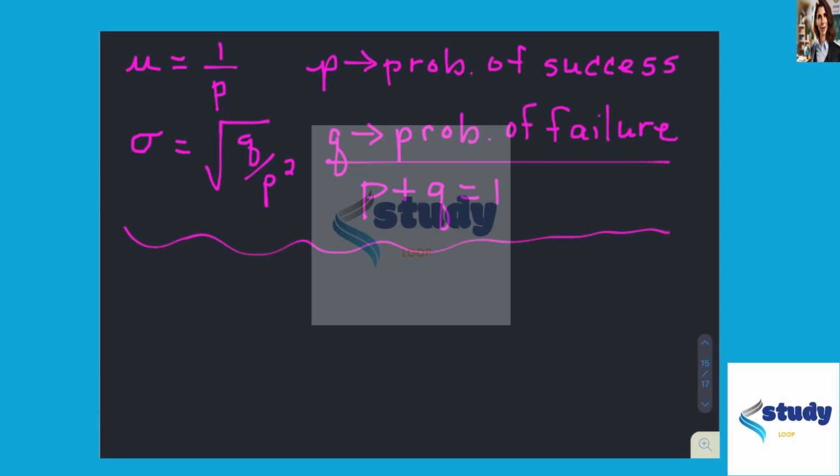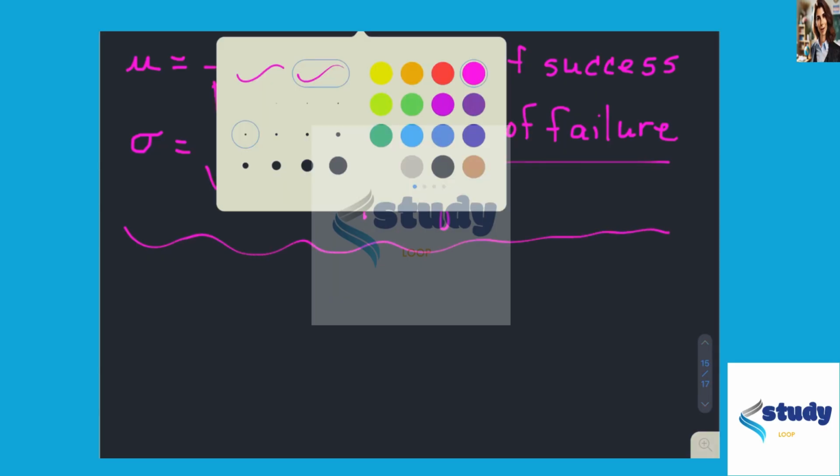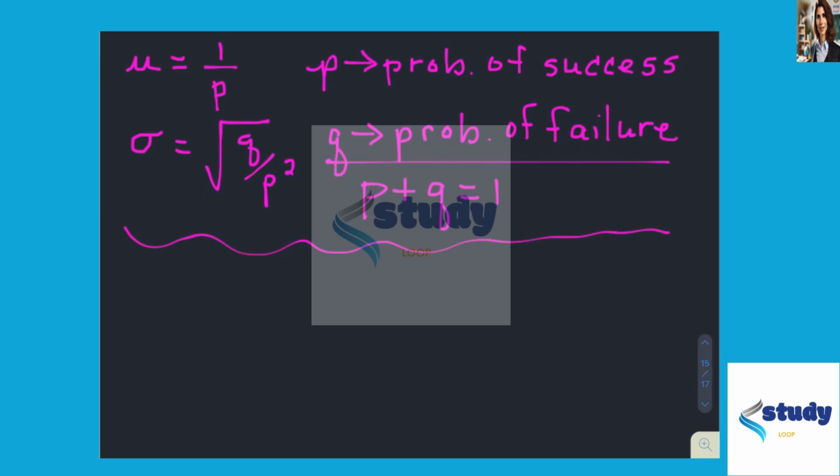So we want to use those formulas in order to determine the mean and the standard deviation of this problem. So when we read the problem, it talks about 1 worker in 4. So therefore, the p-value is going to be 1/4.